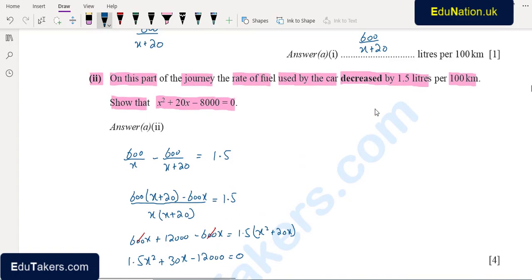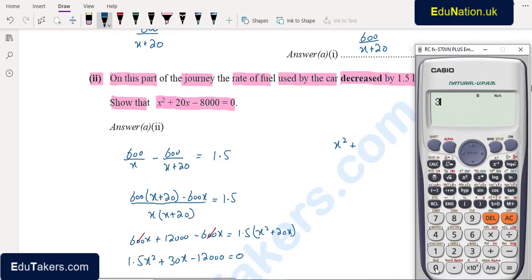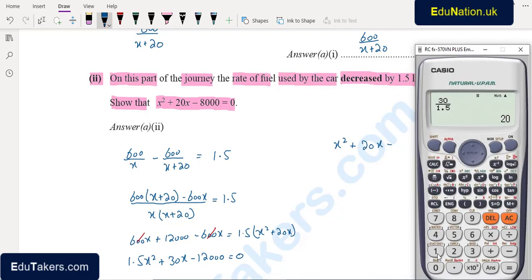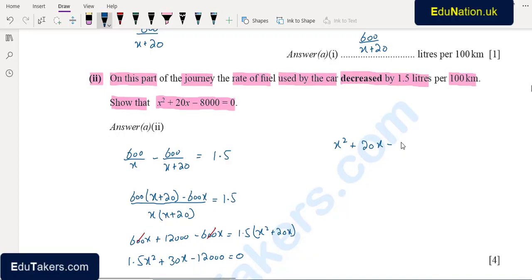Dividing this whole equation with 1.5, it will be x square plus 30 over 1.5 is 20, and minus 12,000 over 1.5 is 8,000, equals 0. Hence proved.